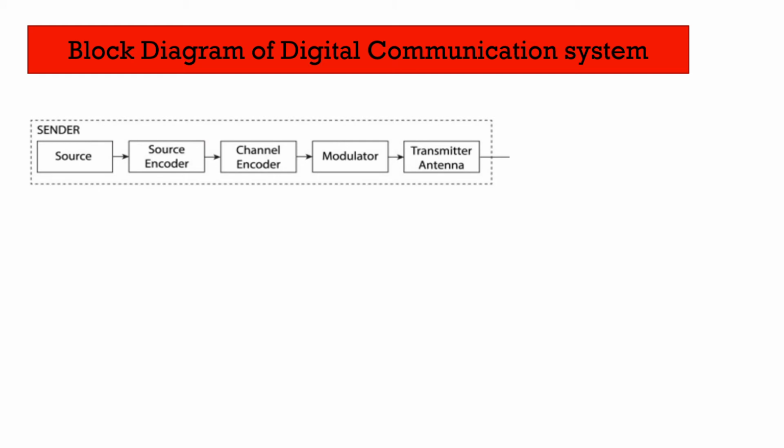Now the next block is the modulator. So what is a modulator? The modulation process is nothing but what we say as frequency translation, which you have already learnt in signals and systems. Or we can also say, if the modulating signal is digital, then we are going to superimpose it on a high frequency sinusoidal signal.